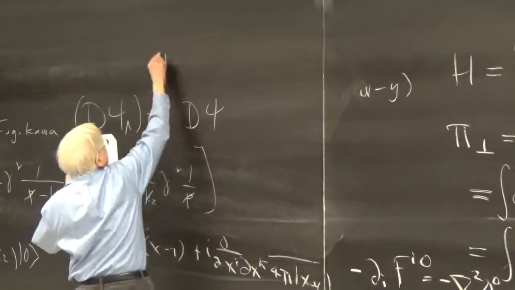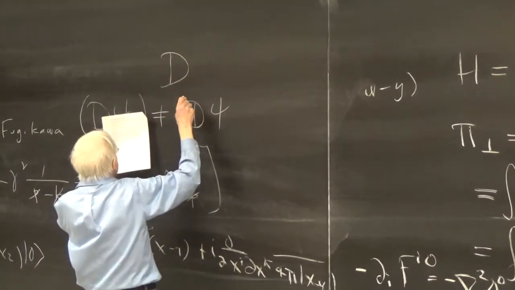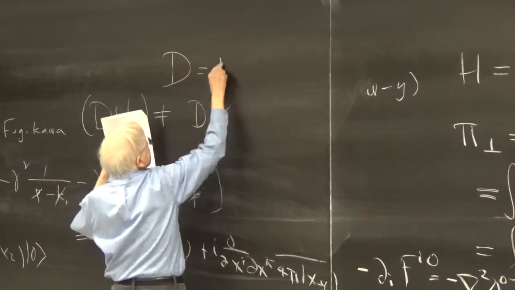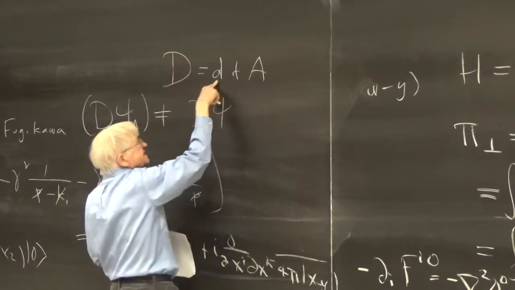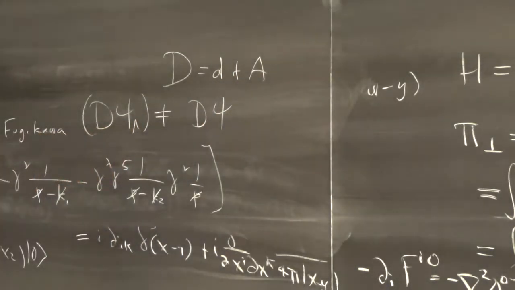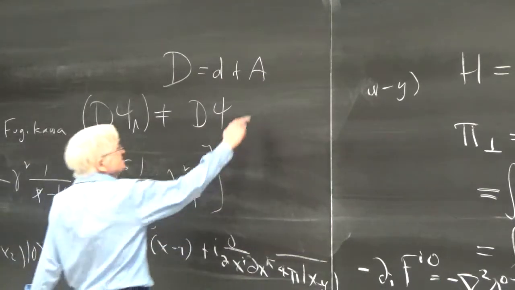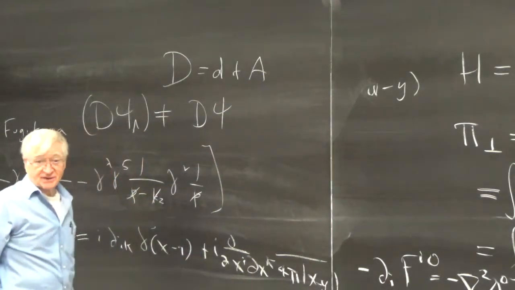You can define a D as d plus A. This is the, what do you call it? The exterior derivative? Thank you. The exterior derivative, and this is a one form of the gauge field.